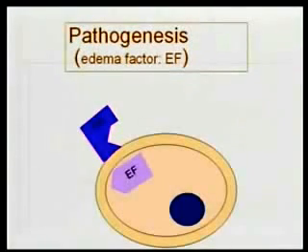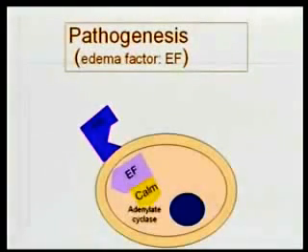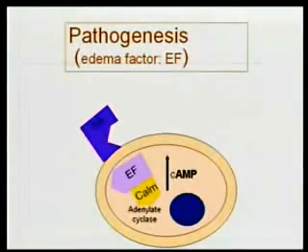So that's the A moiety, obviously. This is the B moiety of AB toxin. This is the A moiety. It will go into the cell. It will bind calmodulin, and now it will act as an adenylate cyclase and increase the cyclic AMP.